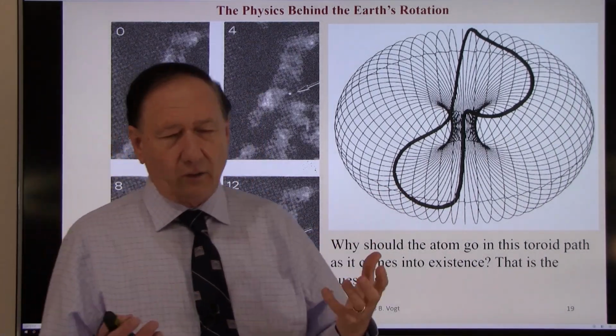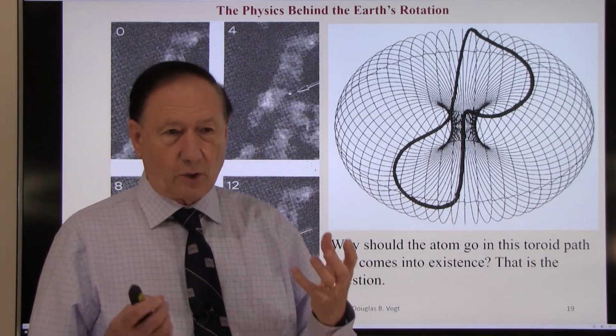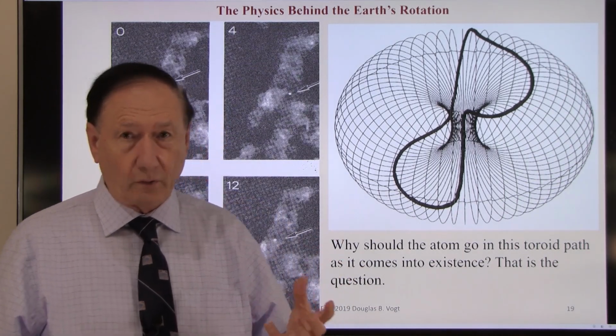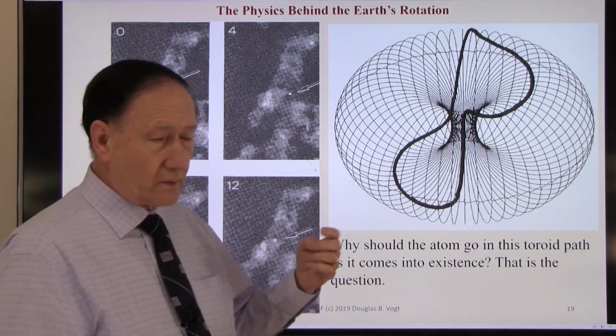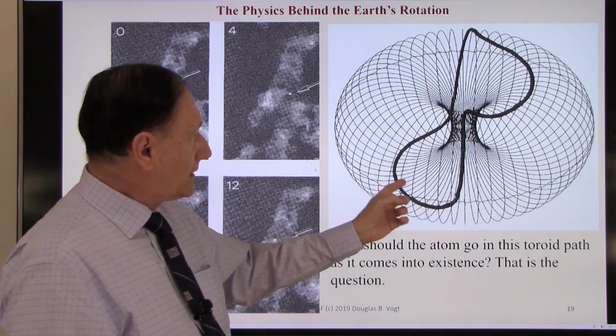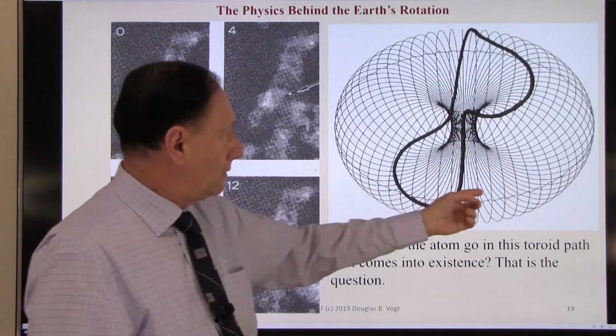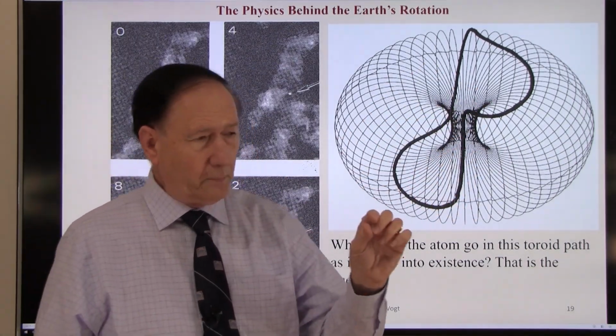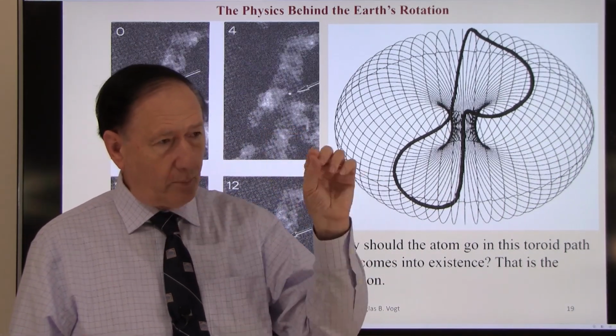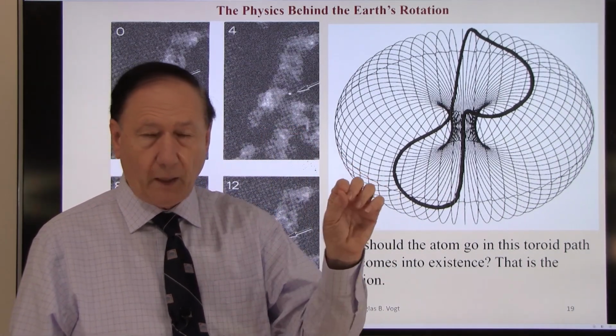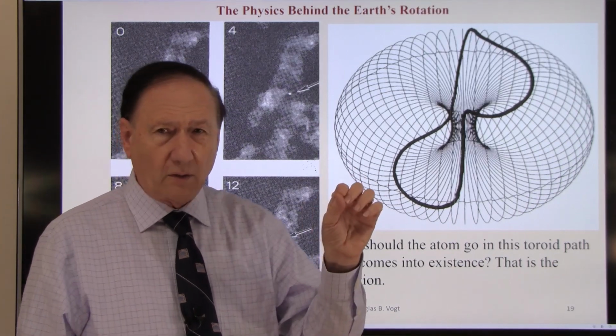I'm saying the dipole is this computer that creates our reality, creates our whole universe. The real question is, why does the atom do this? Why does it go in a circle? Why doesn't it just keep blinking in and out of existence at the same coordinates in time and space? Why is it moving around?